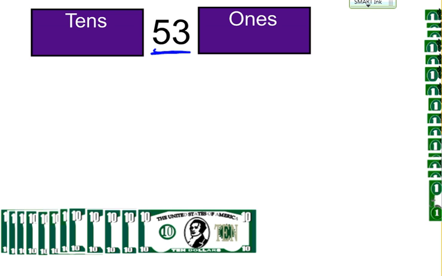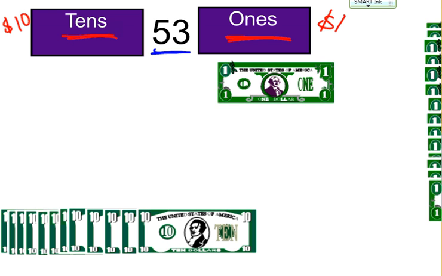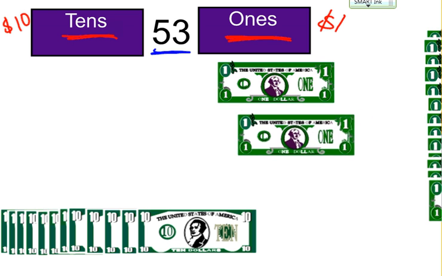We could break this down into place values. We could have our ones place value, which would be represented by $1 bills, and our tens place value represented by $10 bills. So in the end, if I wanted $53, I would say, okay, I need 3 ones.